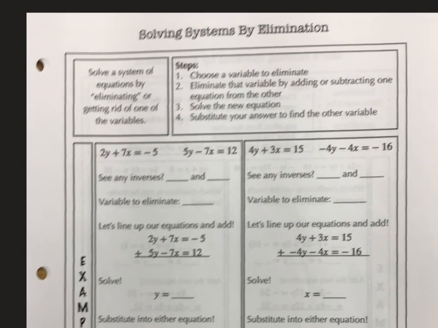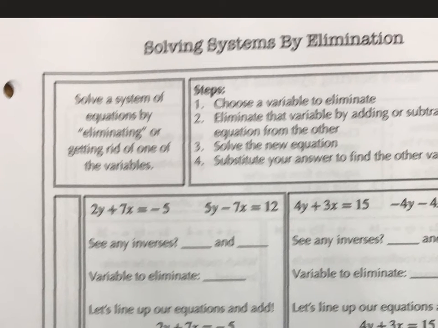Let's look at our example right here. Everybody see that? So, notice that you have 2y plus 7x equals negative 5. Everybody looking up here? Then I have 5y minus 7x equals 12. Okay, so they tell us here we want to look for any inverses.